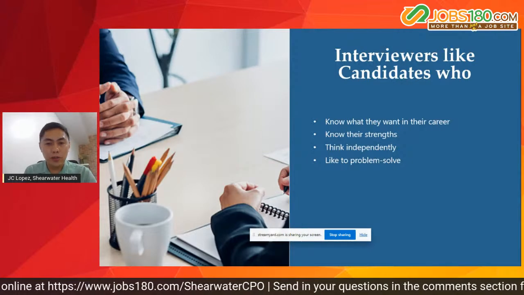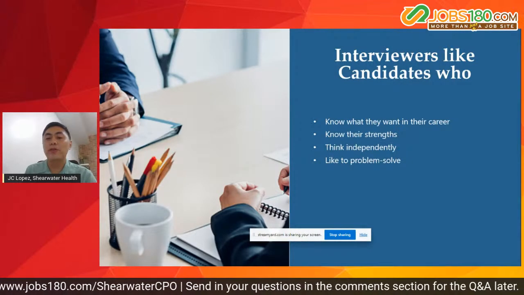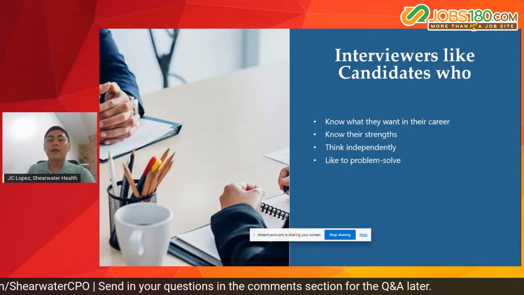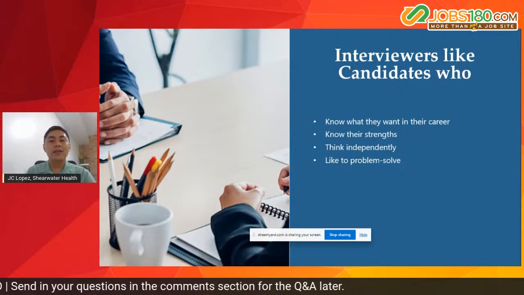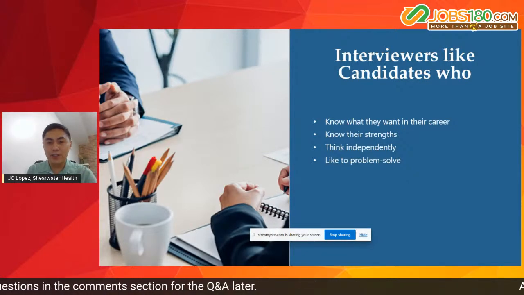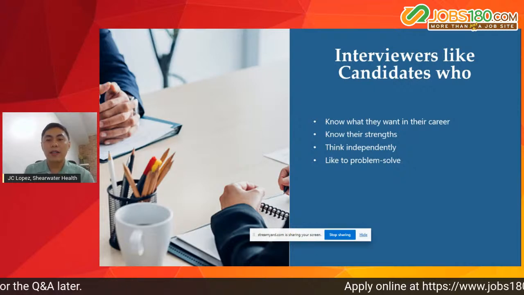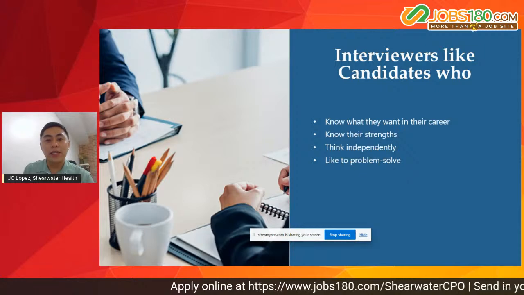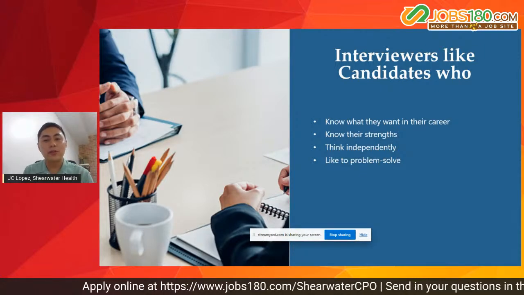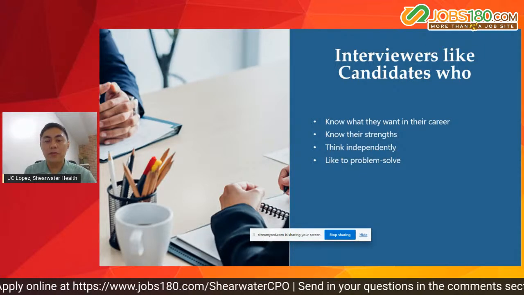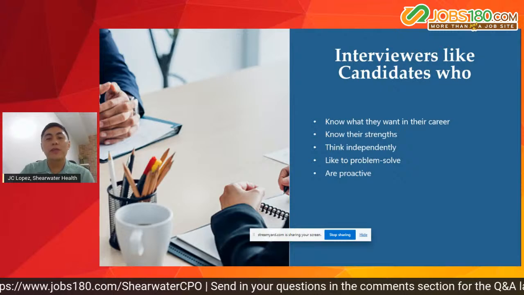You guys should know your strengths, and you should be able to think independently. Applicants who have researched themselves well and have researched the companies well know their strengths and are able to think independently. We are able to assess that during the interview. We also like people who like to problem solve and who are proactive.